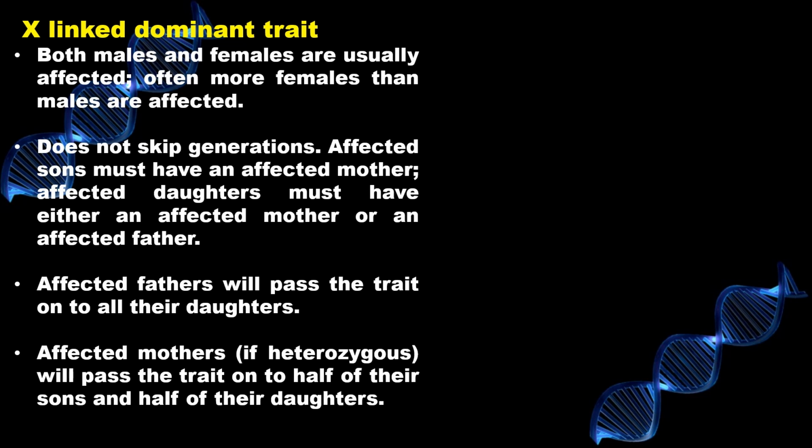The next trait is X-linked dominant trait. Here the sex chromosome X is being affected in dominant allele. Both the males and females are usually affected. Often more females than males are affected. It does not skip generation.